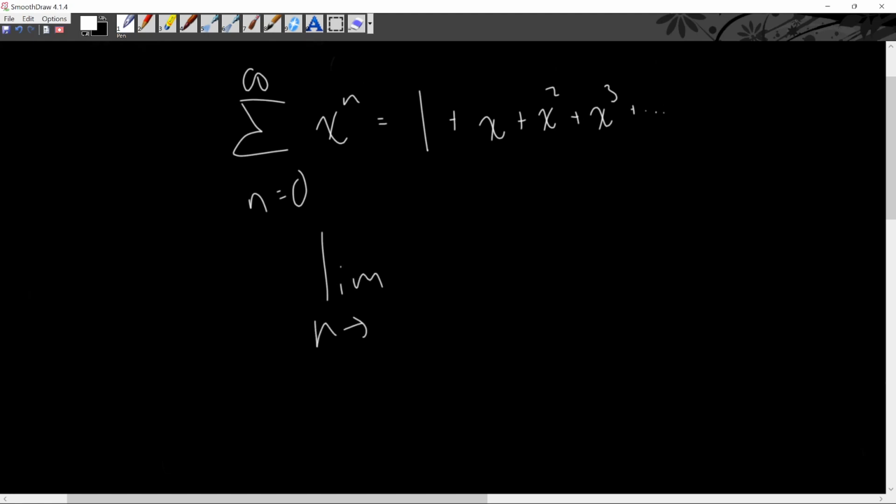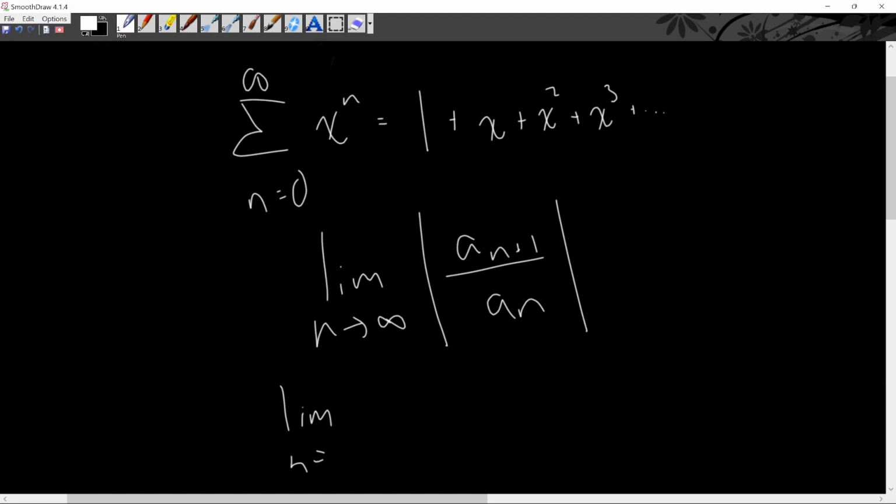So let's do the ratio test for this, right? Again, brief review of the ratio test, what it looks like. We go back to n plus 1 over n. So the term that comes after should be over the term that comes before. And so we'll just plug that in. And again, if this is the ratio, if L, which is equal to this, is less than 1, then that means that this is absolutely convergent.